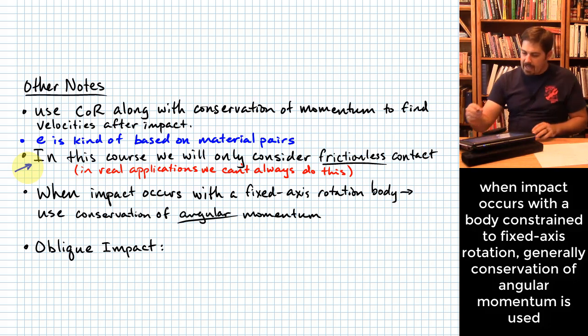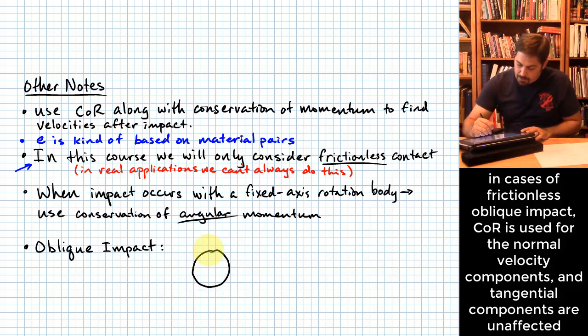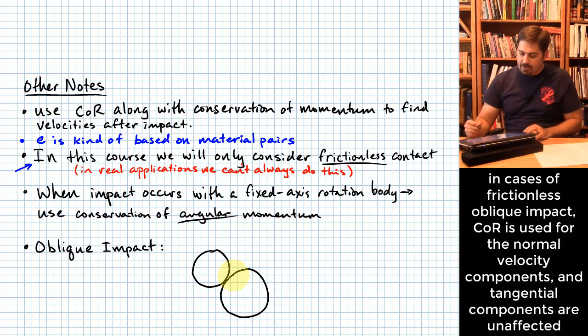Okay, and then the last little issue that I want to cover, I'm going to draw a little picture so that we get the idea of what to do with something called an oblique impact. Let's say you have two bodies, and these two bodies wind up running into each other, maybe in a position like this.